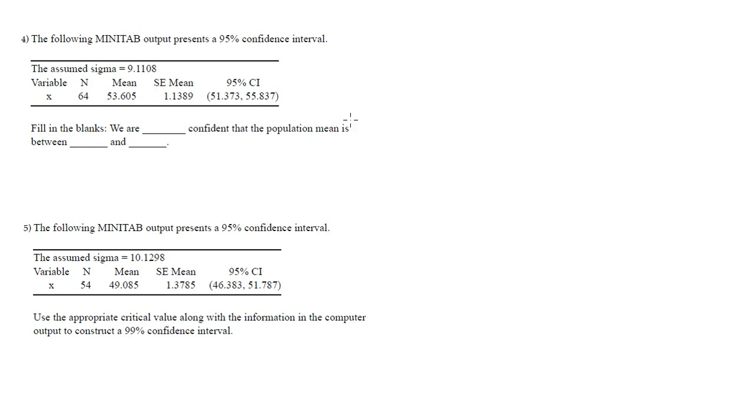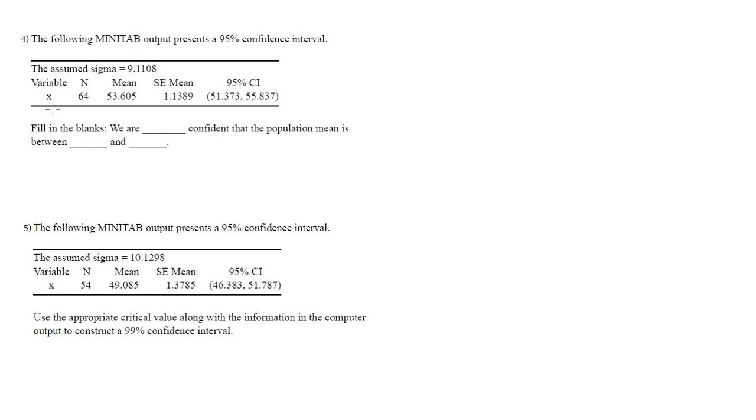So this is just the typical output you would see from a Minitab operation, a Minitab calculation. In this case, the Minitab output presents a 95% confidence interval. So there's some values in here. The assumed sigma, the assumed population standard deviation, is 9.1108.